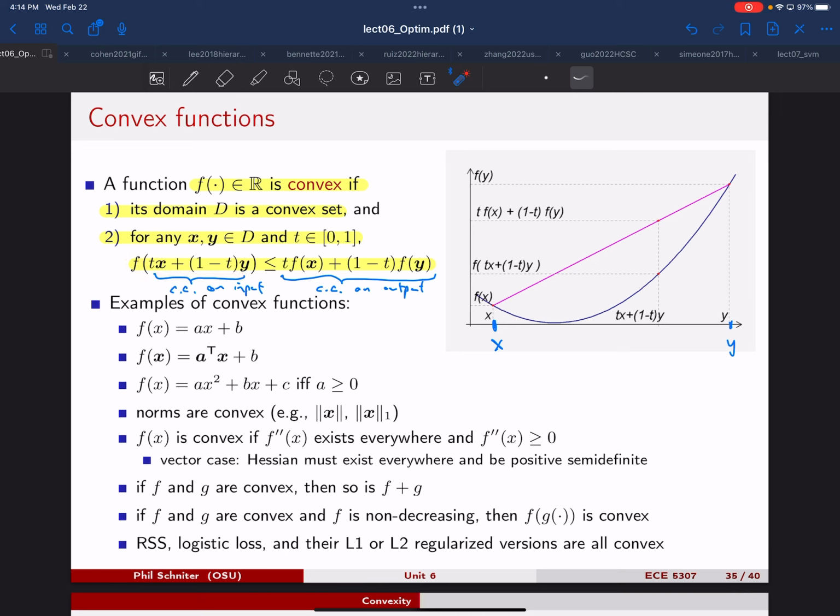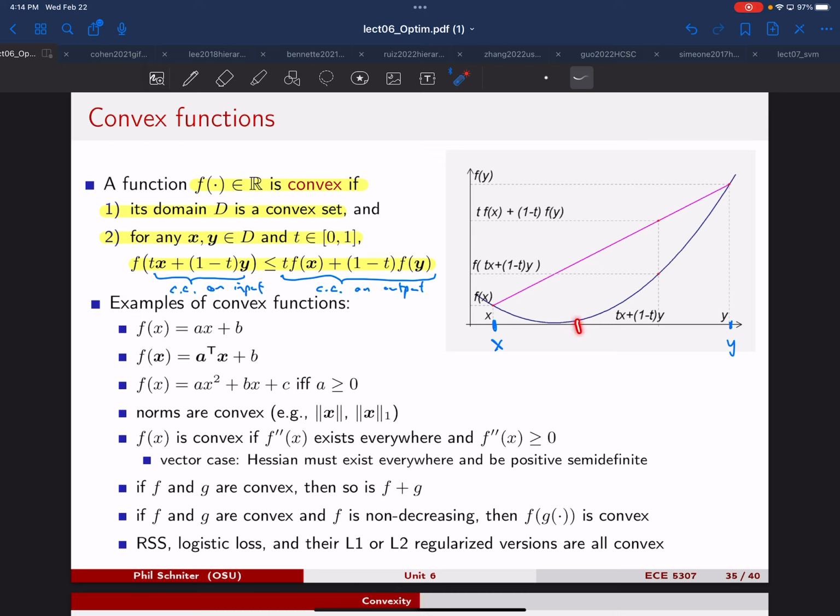On the other hand, for a convex combination of the outputs, I evaluate the function at x, I evaluate the function at y, and then I do a convex combination of those values. So here you can see that this line is never below this curve. So that tells us that this curve is convex.